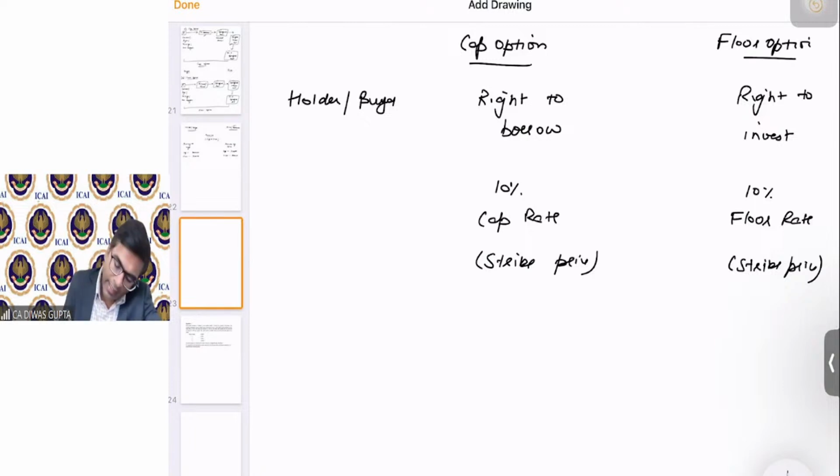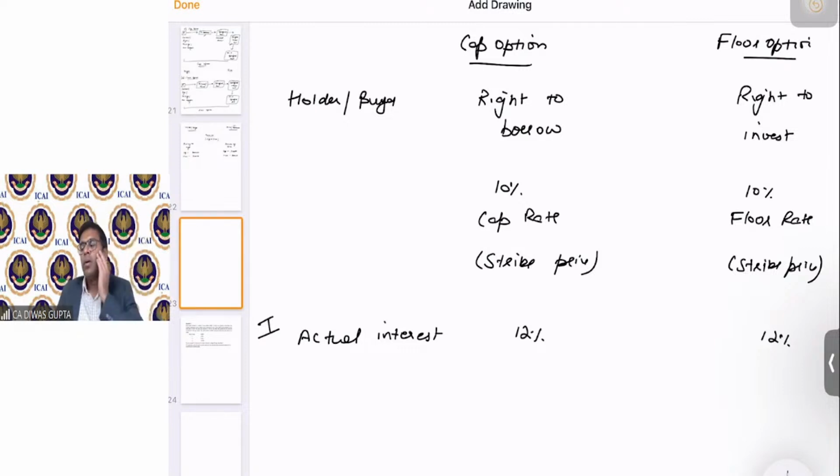Okay. Now let's take a example. Let's take a case where the actual interest rate is, let's say, 12%. So in such a case, under the cap option, it will become in the money now, correct?